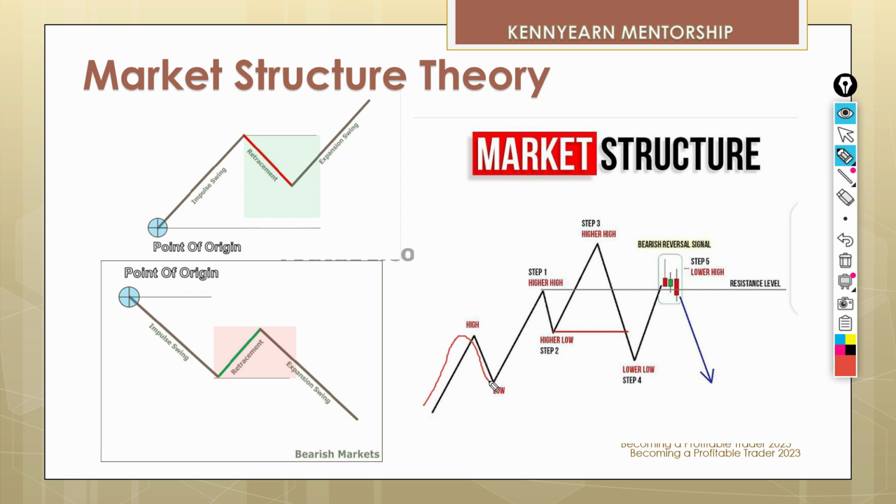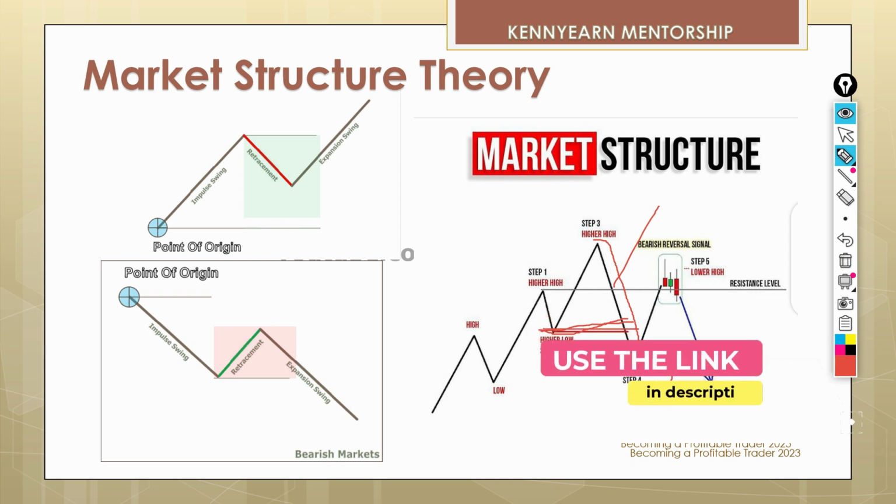Higher high, higher low. I'm expecting to keep on buying, but if you observe, it didn't continue the buying here. The market had to trade down to this point and took out this low. So the market broke a previous low, thereby making a lower low in step 4.